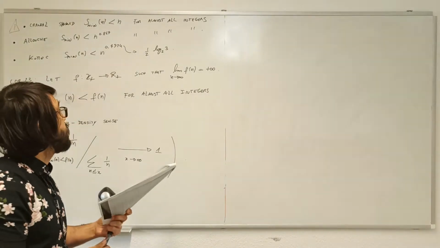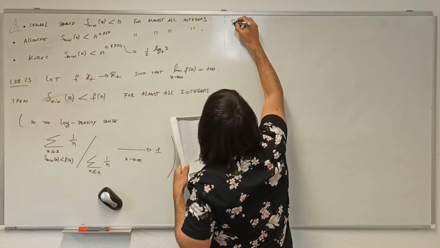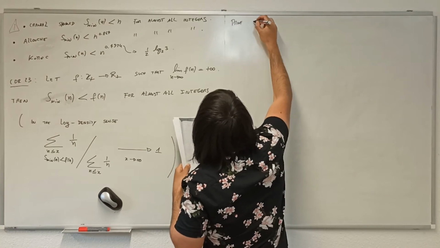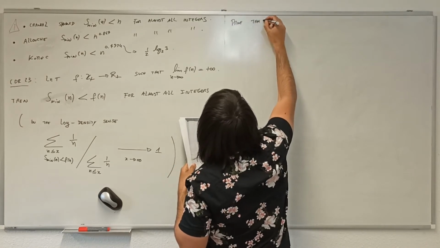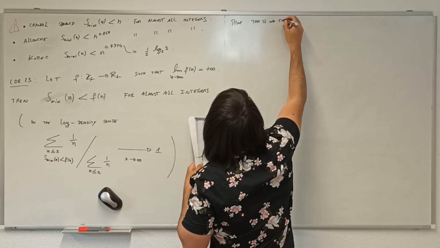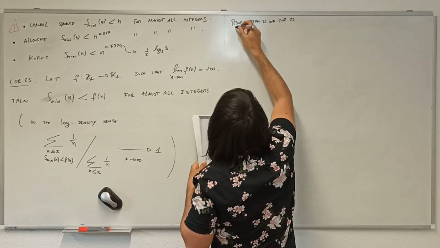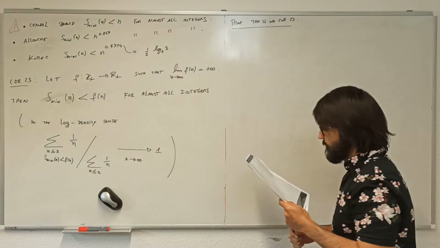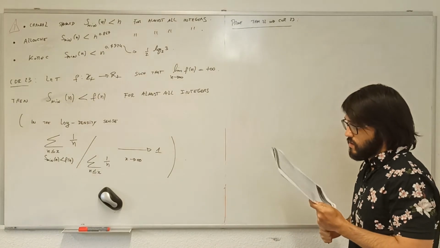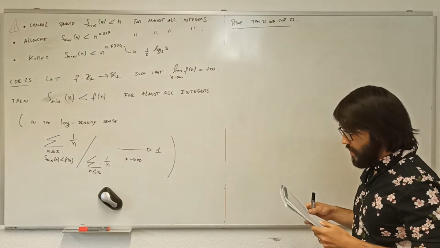So let me prove that theorem 22 implies corollary 23.